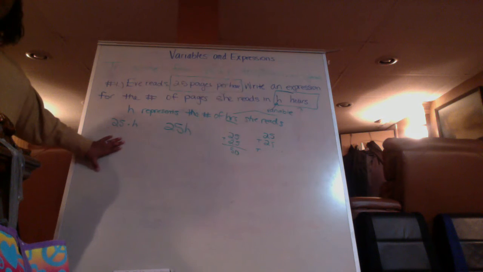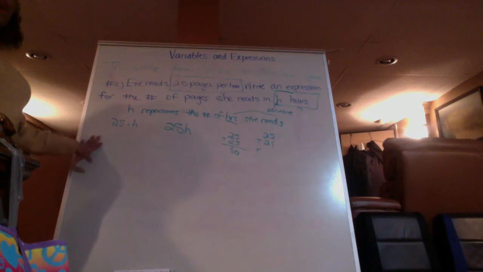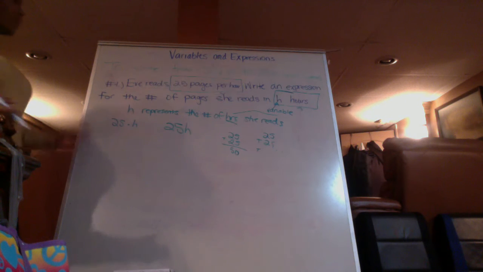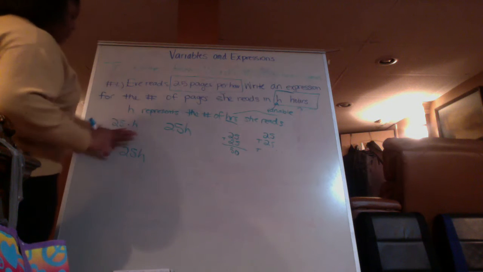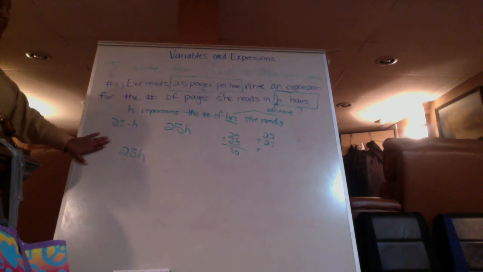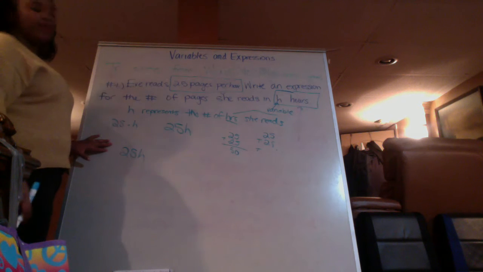So it's easier to write the expression in terms of multiplication. So that way, it's easier for any value that you plug into H. Because like we said, variables can represent any number. So you have 25H, or 25 times H, same thing. So that way, if the problem goes on to say, if she read for 4 hours, how many pages?